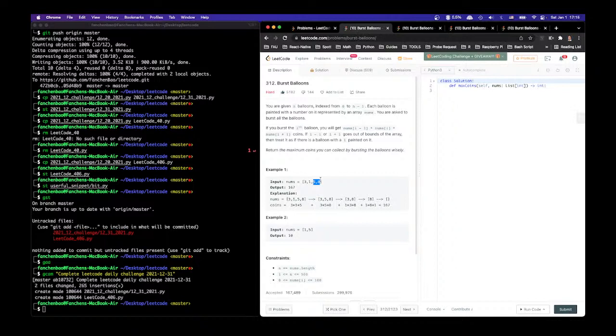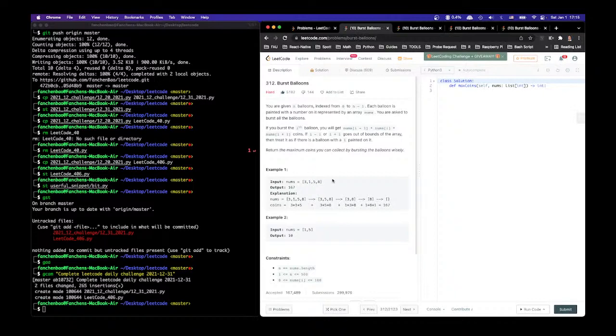Why is that the same as get the maximum of 1, 3, 1, 8, 1? Basically, that's the question. Or we just let's not consider the 1. 1 is just for programming purpose. If I remove 5, right, I get 318.